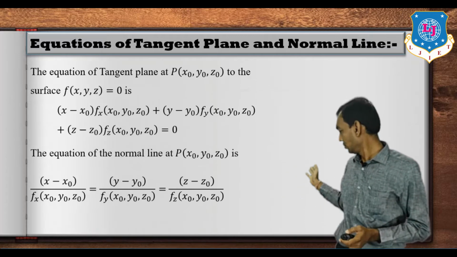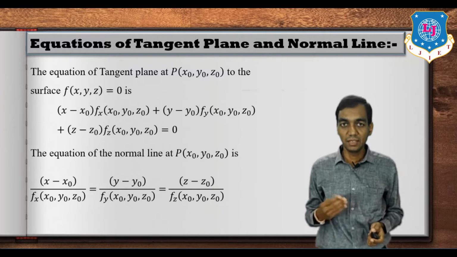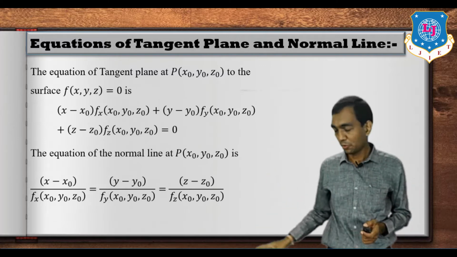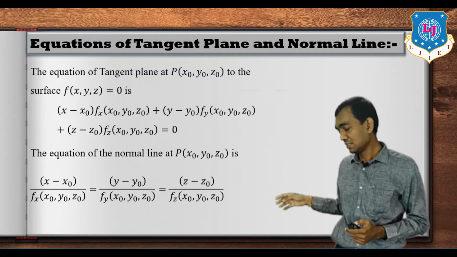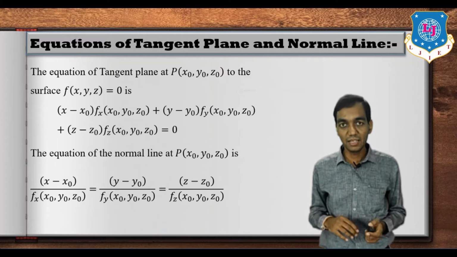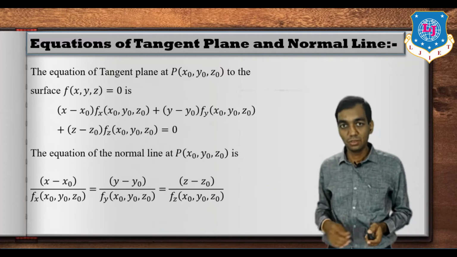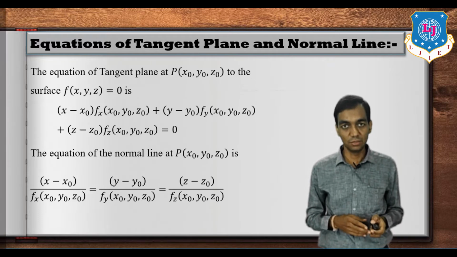This is the equation of a plane, and the equation of the normal line is given by (x - x0)/fx at (x0, y0, z0) = (y - y0)/fy at (x0, y0, z0) = (z - z0)/fz at (x0, y0, z0).